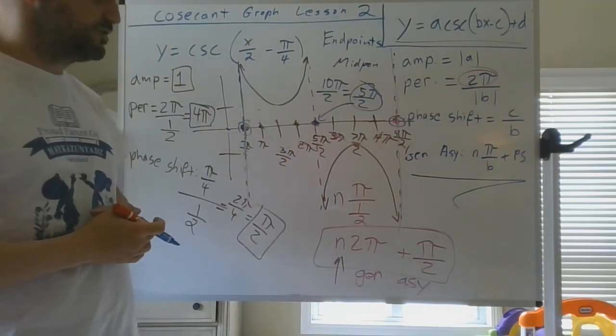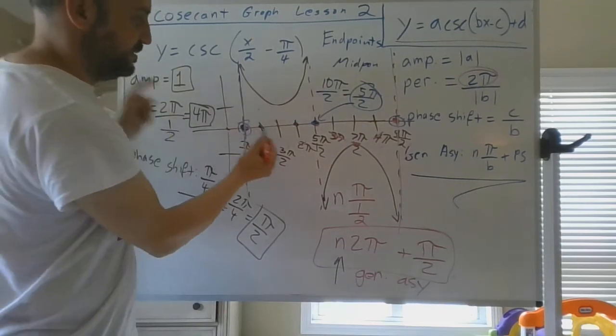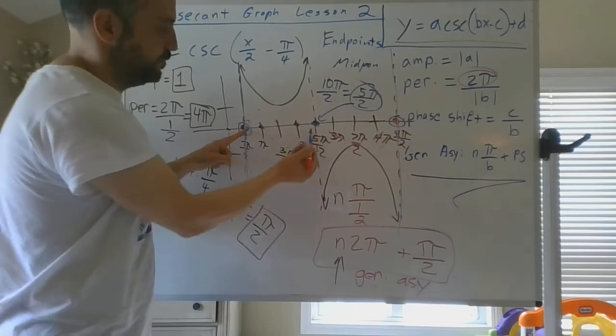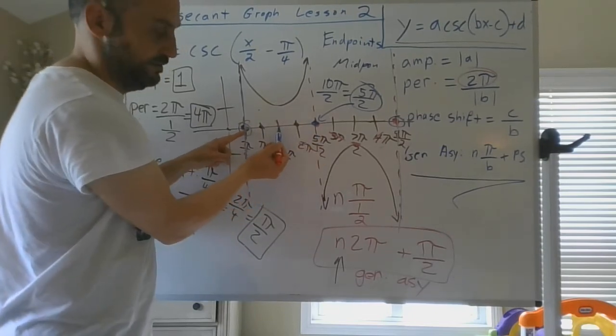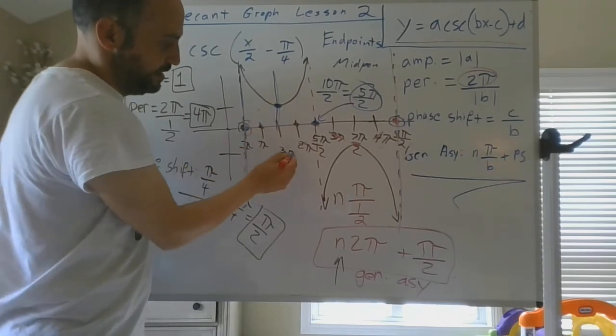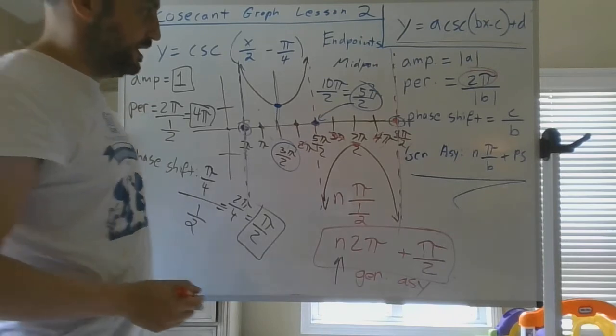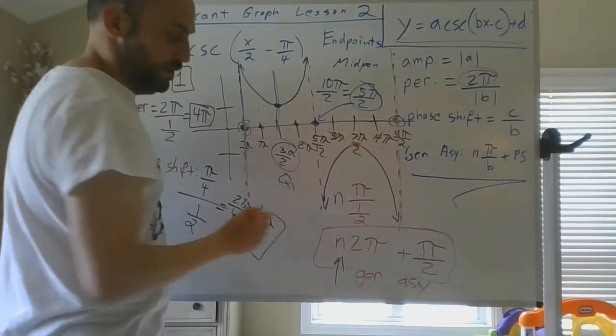And then lastly, there's what's called the quarter points. Okay, so we're going to get the quarter points, and it's very simple here. If this is one of the endpoints and the midpoint, the quarter is going to be in the middle of that. So right there, it's the minimum of that, so it's going to be the relative minimum. Right there is going to be 3 pi over 2, and that's going to be labeled as Q1.